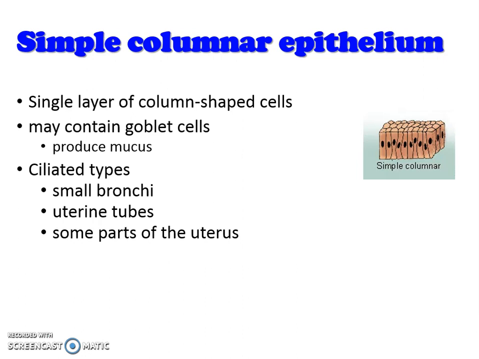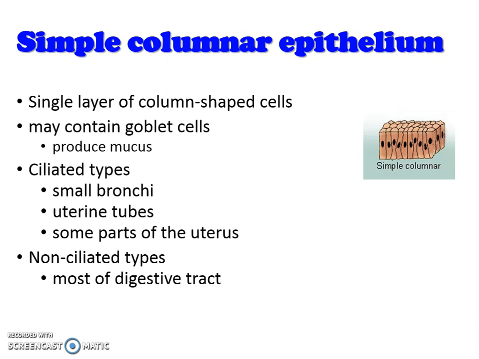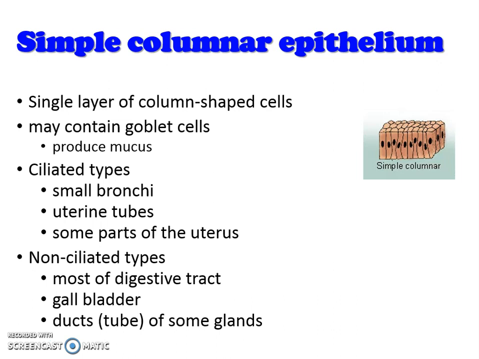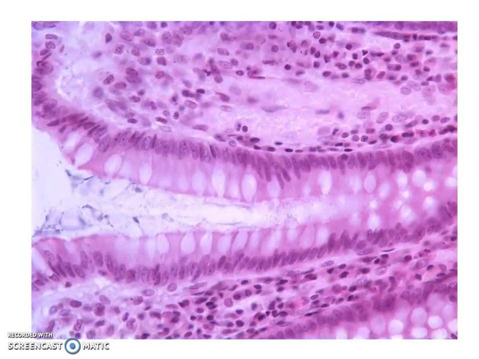As well as some parts of the uterus contain ciliated simple columnar epithelium. Some non-ciliated simple columnar epithelium we might find in the digestive tract, as well as in the gallbladder and the ducts of some glands.